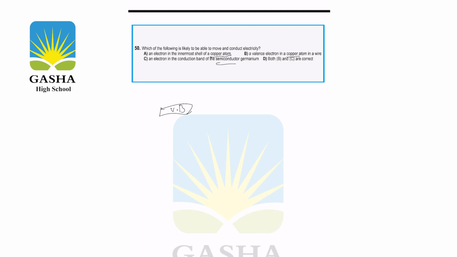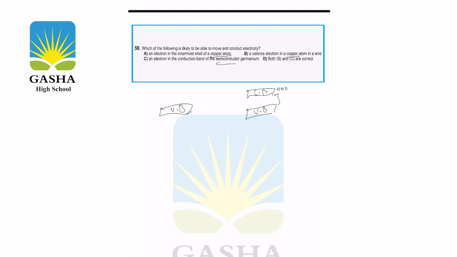While for a semiconductor, because there is a gap between the valence band and conduction band, only those electrons which are in the conduction band contribute to electricity. So based on this information, let's look at the question and see which of the following are correct.